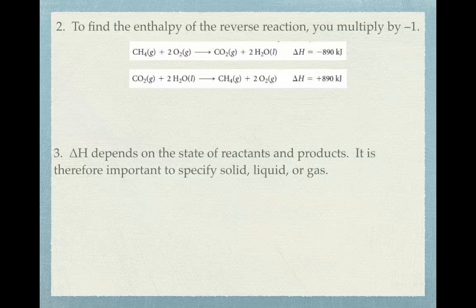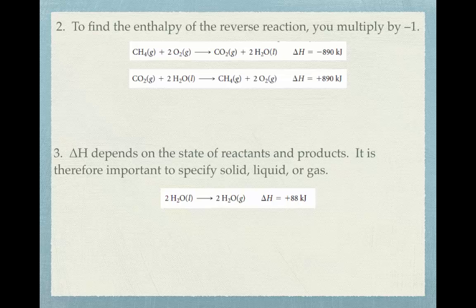The third guideline states that your change in enthalpy depends on the state of the reactants and the products. So as a result, it's extremely important to note whether each of the substances involved in the reaction are solid, liquids, or gases. This difference can be seen in the fact that the conversion of liquid water to gaseous water requires 88 kilojoules of energy.